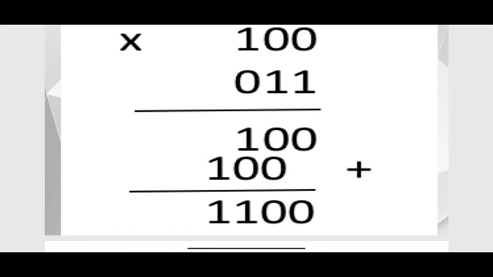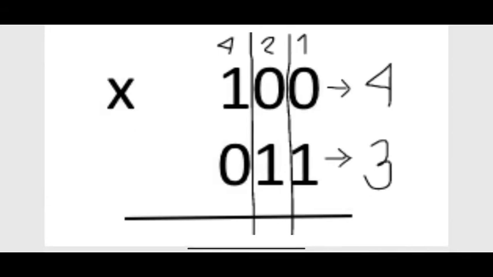How do we check if our answer is correct? We need to convert our binary to decimal. The value of the first column is 1, the second column is 2, and then 4.